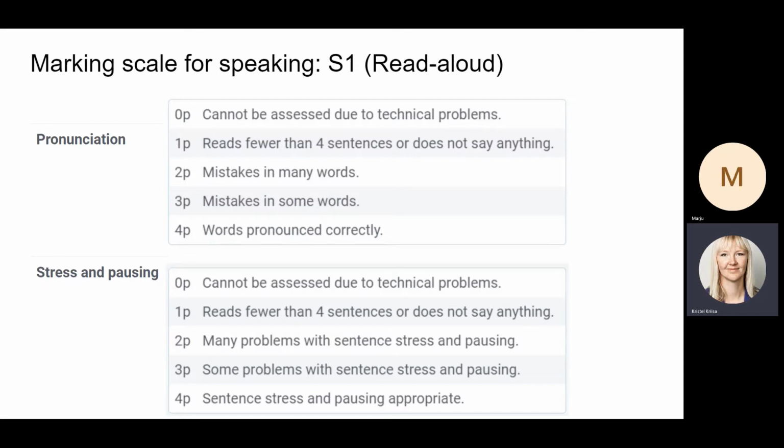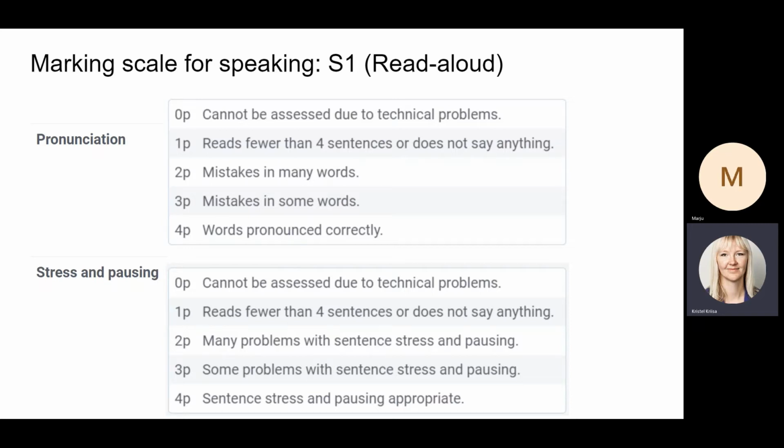Sometimes when students take the speaking test, they can have some technical problems. So sometimes they don't manage to record their answers, and then their answer will automatically be given 0 points. However, sometimes there are also cases when the audio file is actually there, but when you start listening to the audio file, you realize that you cannot really understand anything.